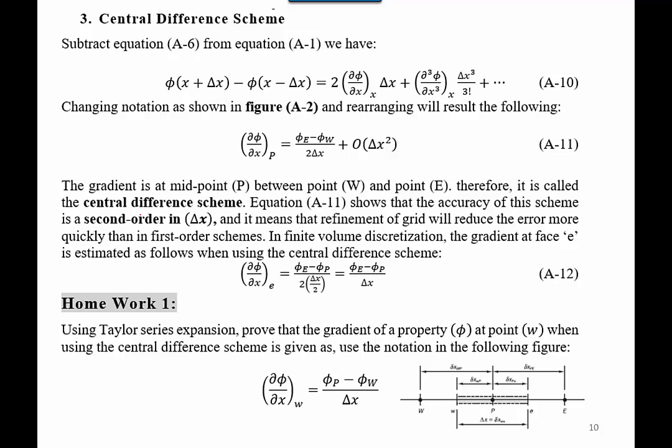So equation A12 will calculate the gradient of phi at the east interface, which equals phi at east minus phi at point P divided by the distance, which is delta x, which is double the distance between the two neighboring points.